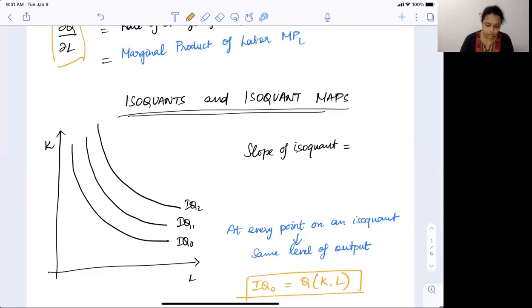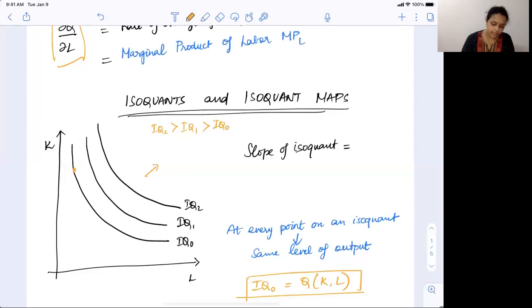The higher you move, the greater the level of output. So the output level at IQ2 is greater than that at IQ1, and that's greater than the one at IQ0. Notice how, just like indifference curves, the isoquants are also downward sloping, and the trade-off between the two inputs is very similar to the indifference curve case.